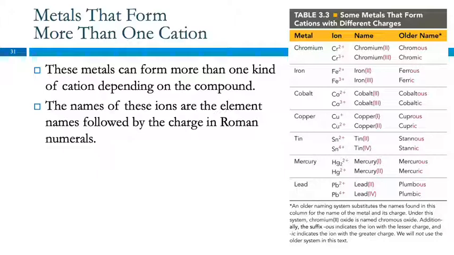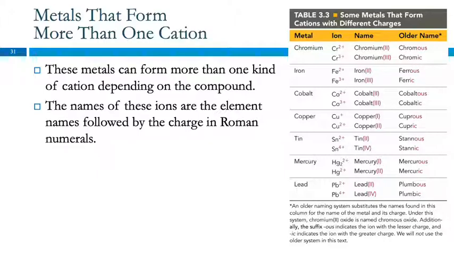All the other metals form more than one ion. And so then we have to find a name for these. So let's just look at iron because it's kind of a familiar metal. So here's iron. Iron forms a +2 and a +3 ion. So we can't just say iron ion because then which one are we talking about?